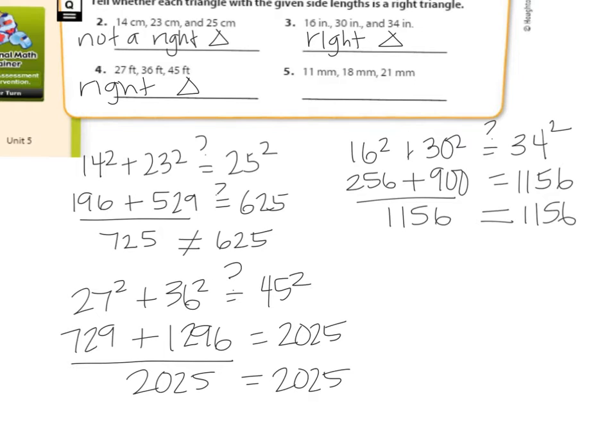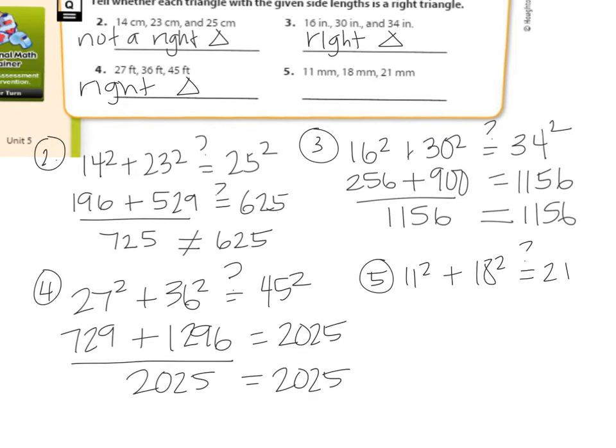And then our last one here, I should just label this 2, 3, 4. The last one here we're looking at 11 squared plus 18 squared equals maybe 21 squared. So 11 squared, 11 times 11 is 121, plus 18 squared, which is 18 times 18, 324, maybe equals 21 squared, 21 times 21, which is 441. Going to add these two together.